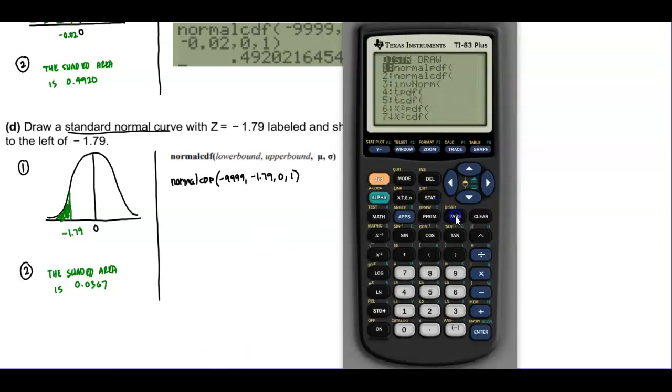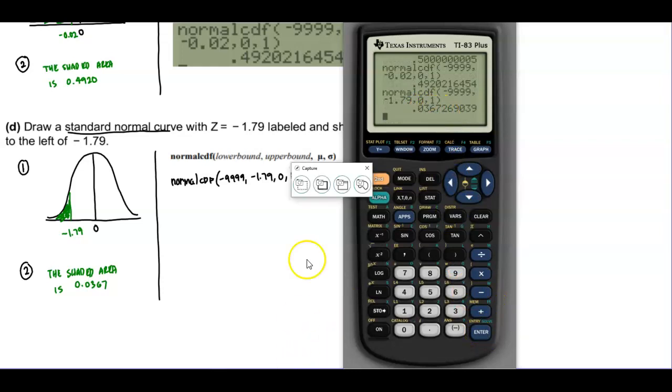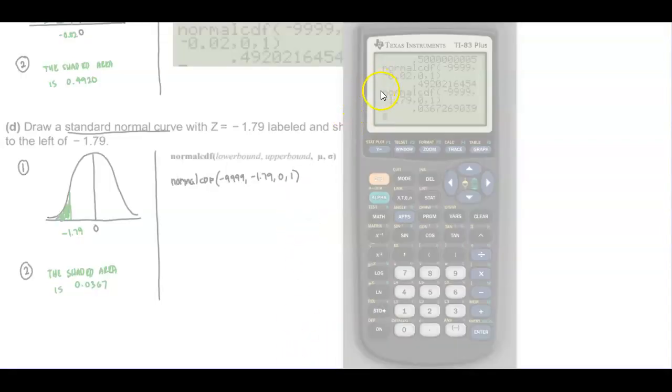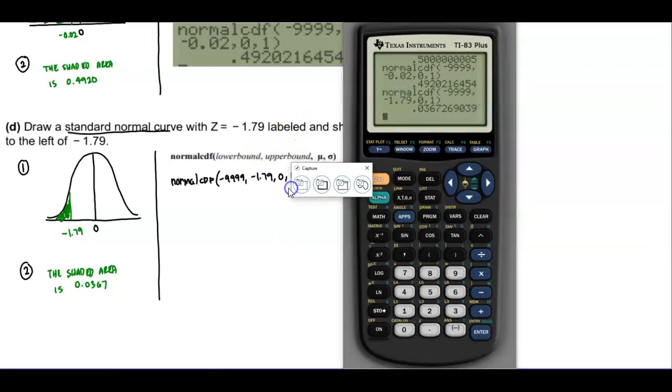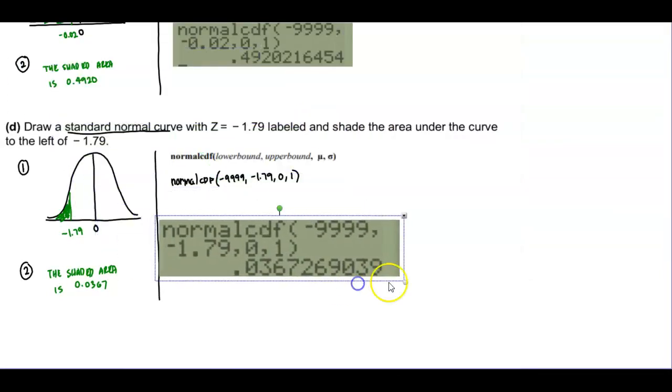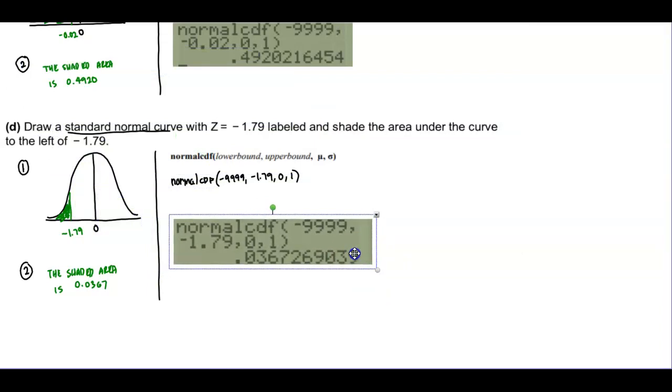So second distribution, normal CDF, negative 9999, comma, negative 1.79 with a mean of 0, standard deviation of 1. We get 0.0367. And so there is our result using a TI-84.